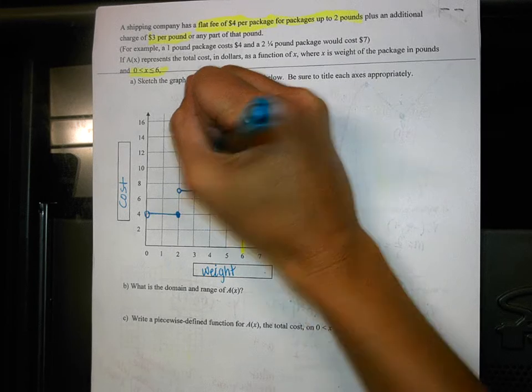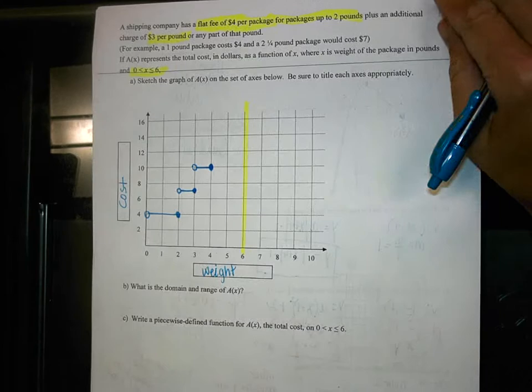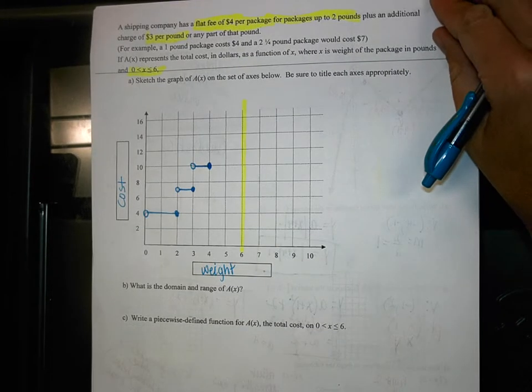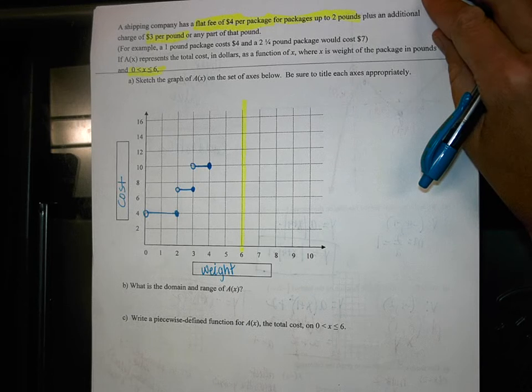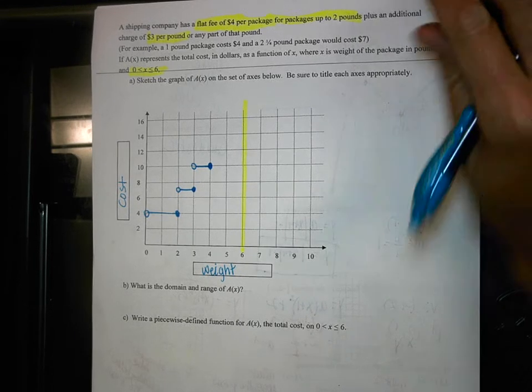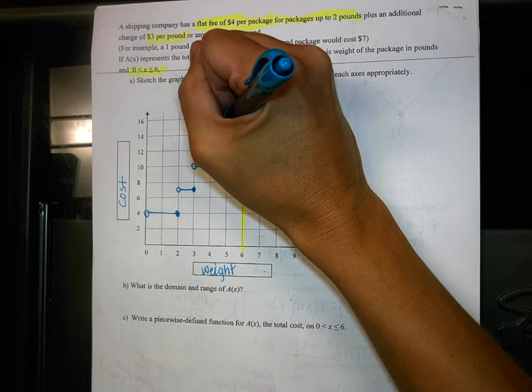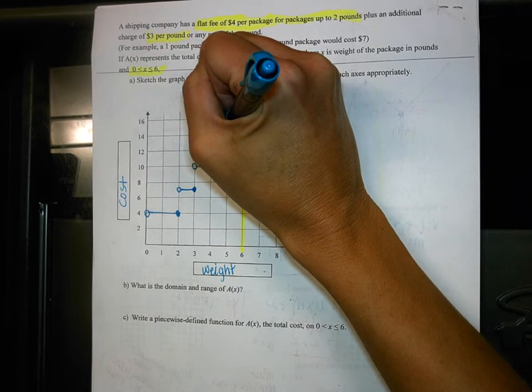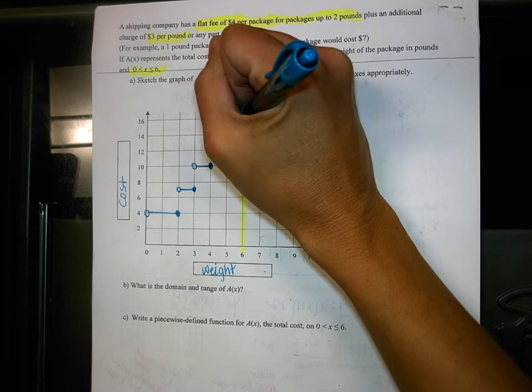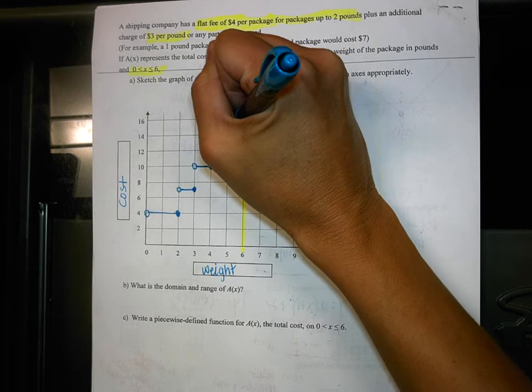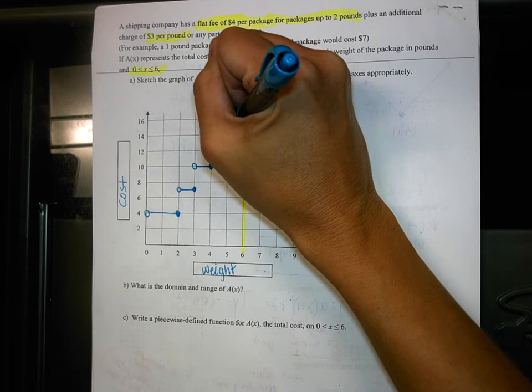And then what happens when we get to past 4? 13, open or closed? Open. And all the way here, it's going to cost the same amount. And at 5, is it going to be open or closed circle at that 5 pound mark? Closed. And then what happens when we get past 5?